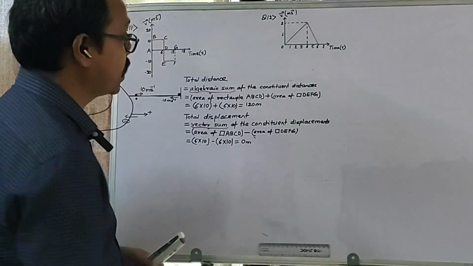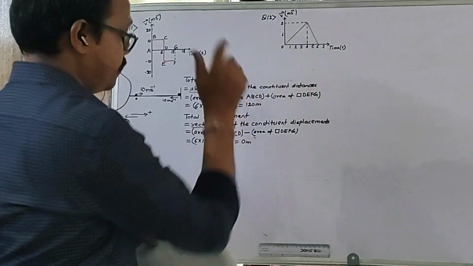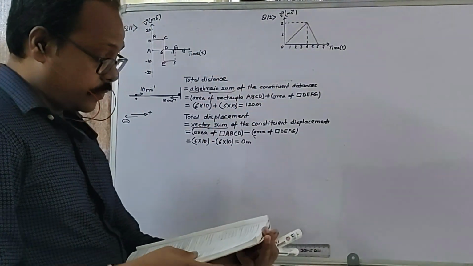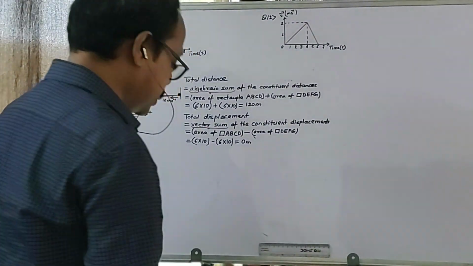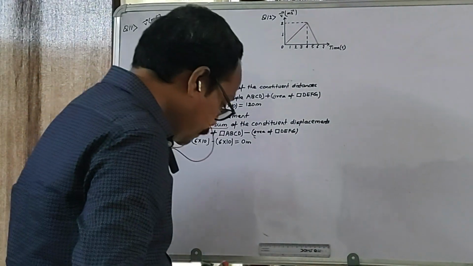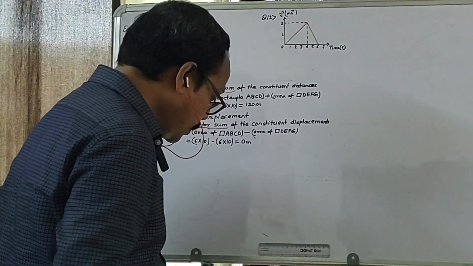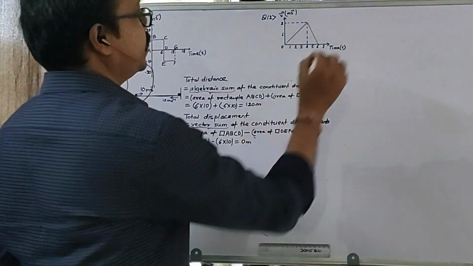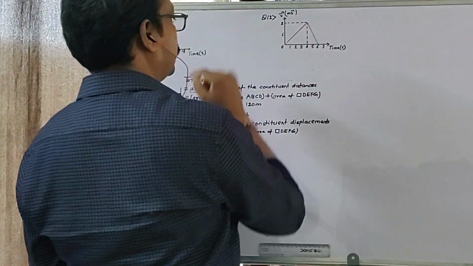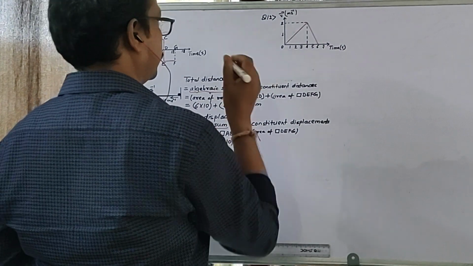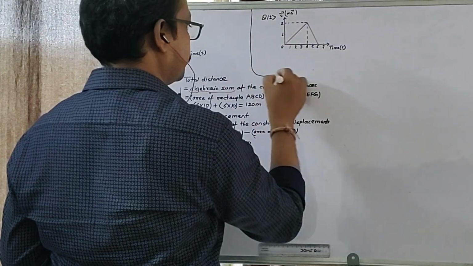What does it say? This is the problem number 12 graph. It says the velocity time graph of a particle moving in a straight line is given here. Let us first put it here.